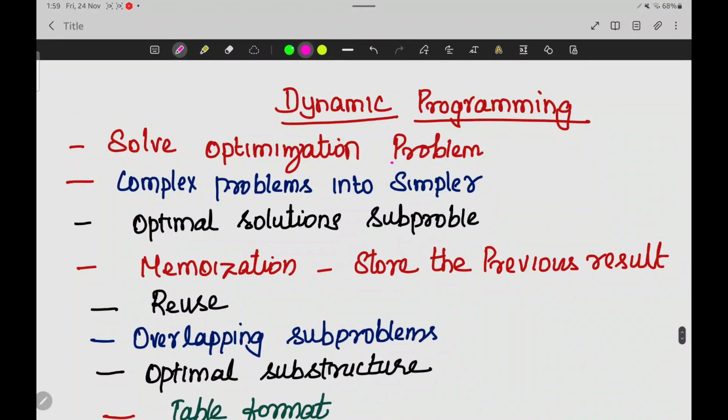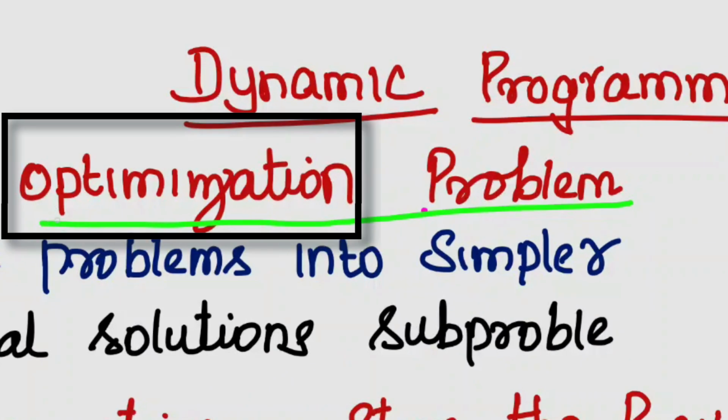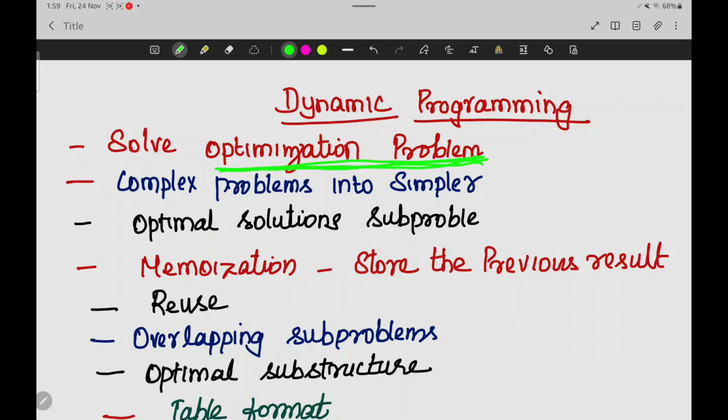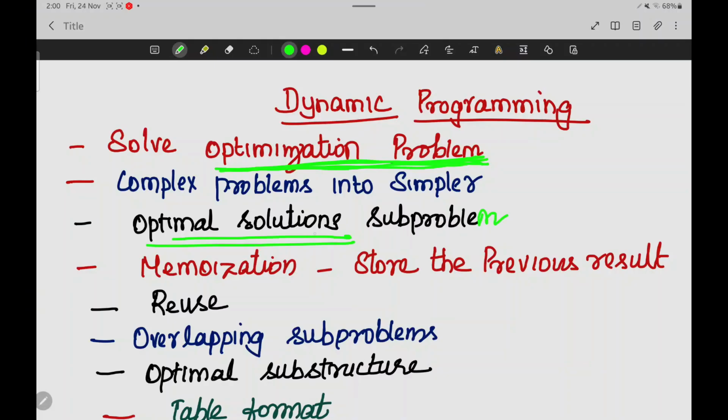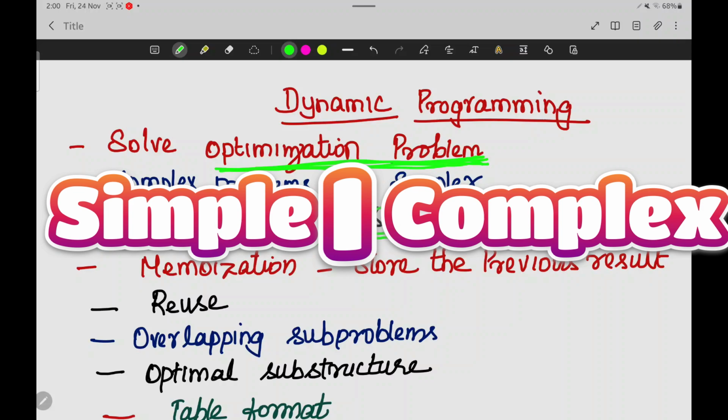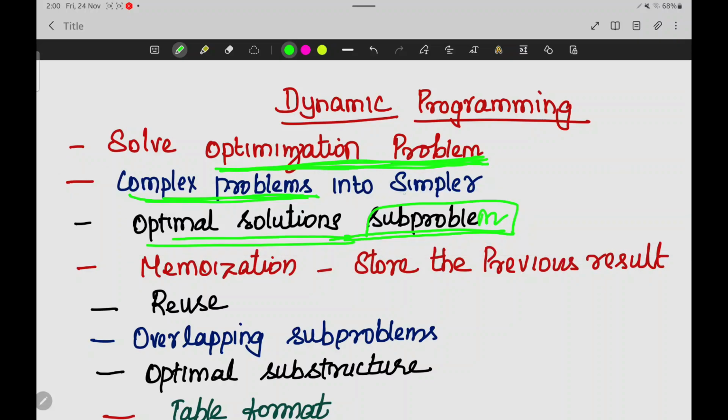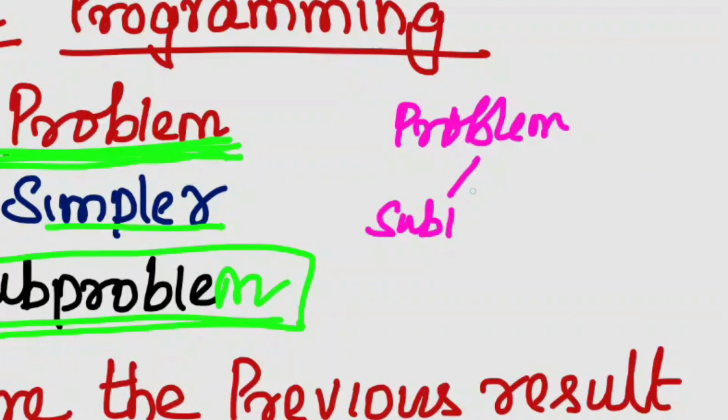The first point they are saying is that it solves the optimization problem. What do we mean by optimization problem? When an optimization problem is given, we are able to find the optimal solution for the sub-problems. Whichever problem is given, simple or complex, it is divided into simpler ones: sub-problem 1, sub-problem 2, sub-problem 3.